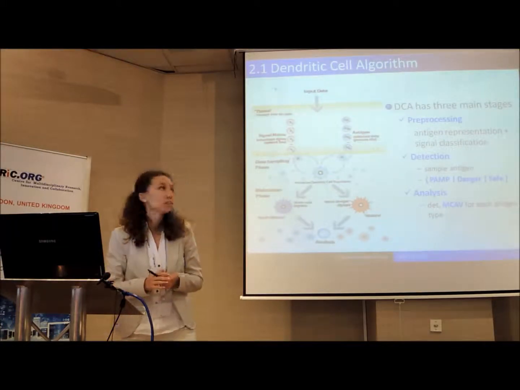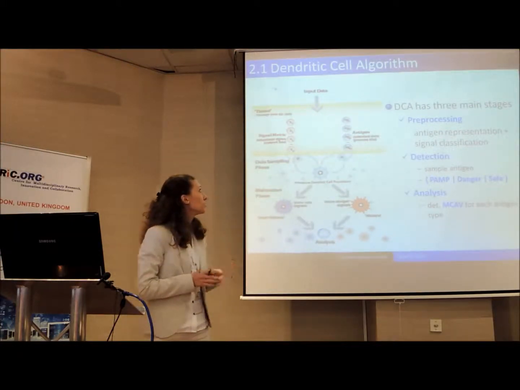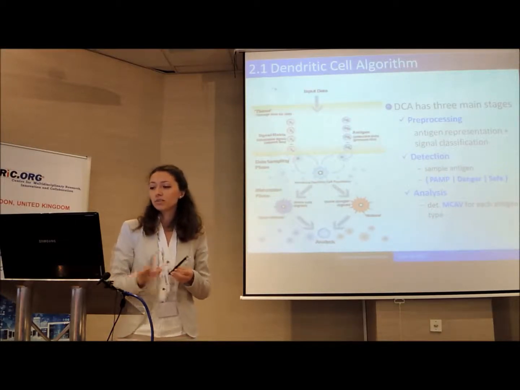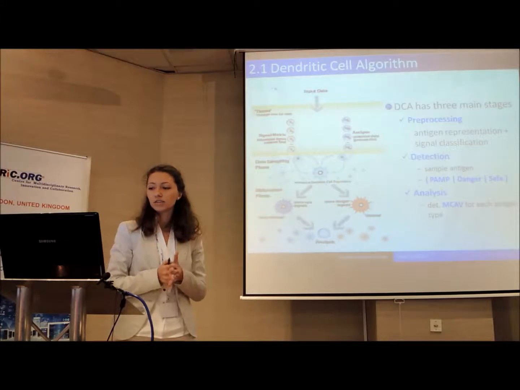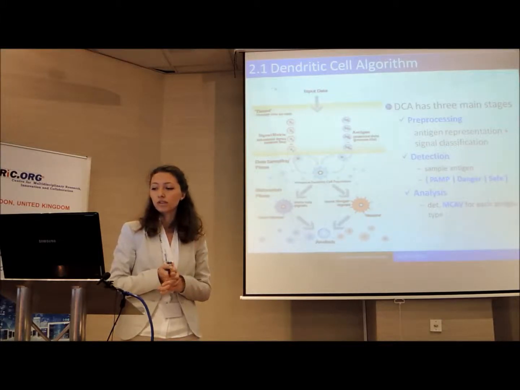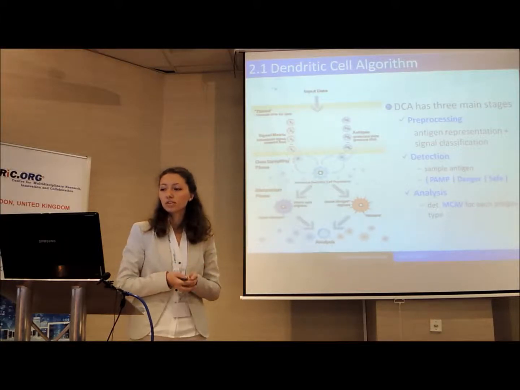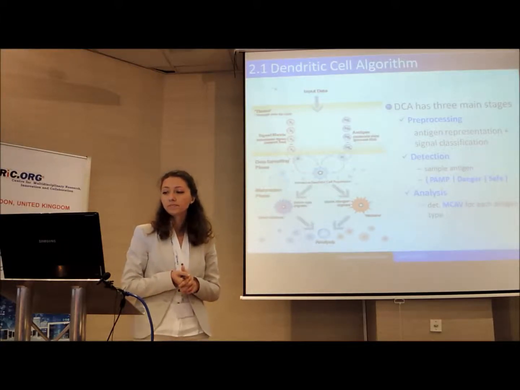The algorithm has three main stages, as it can be depicted in the image on the slide. The first is the pre-processing, in which we decide the antigen representation and the signal classification. For the signal classification, we can either use expert knowledge or automated processes such as information gain.